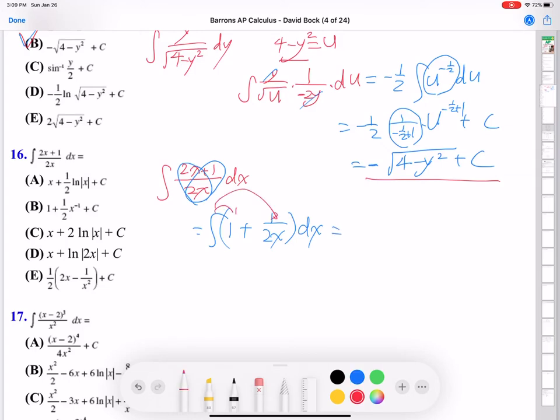The integral of 1 is x, and for this part, the 1/2 is a coefficient. The integral of 1 over x is ln of the absolute value of x, plus c. So x plus 1/2 ln absolute value of x plus c. A is the answer.